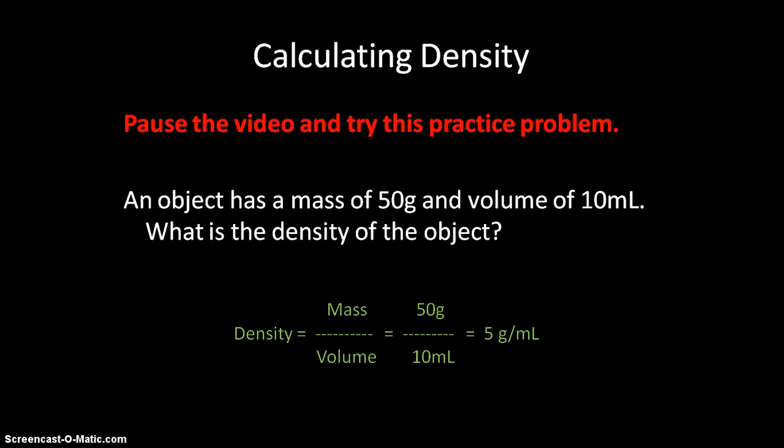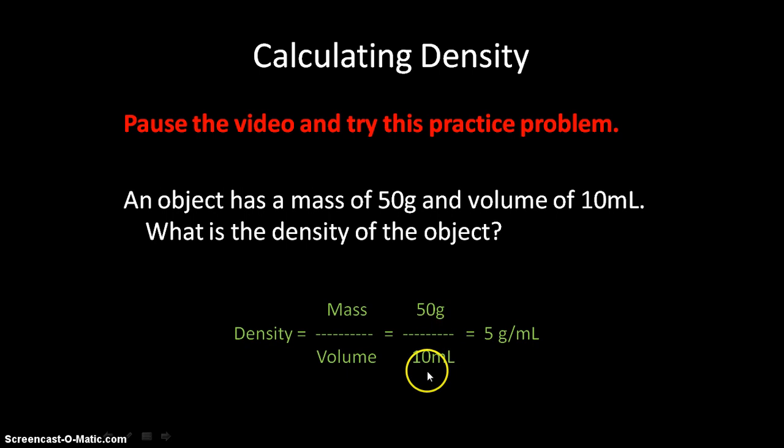Alright, so I know once again that I'm going to lay out my problem like this and show my work. Density equals mass over volume, or mass divided by volume. The mass in this equation was 50 grams, and the volume was 10 milliliters.